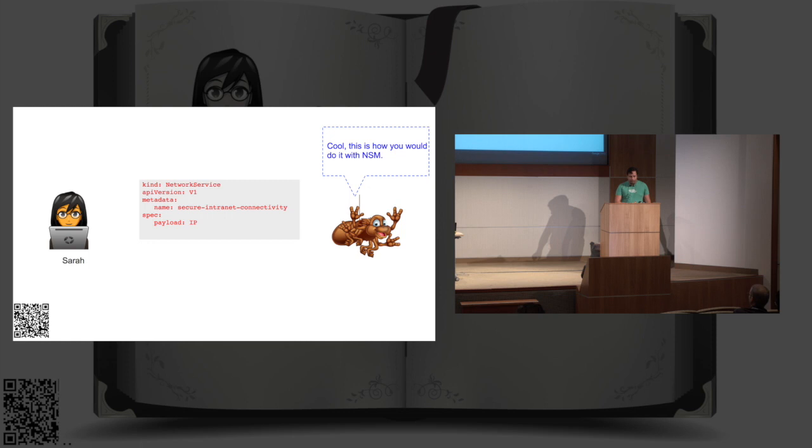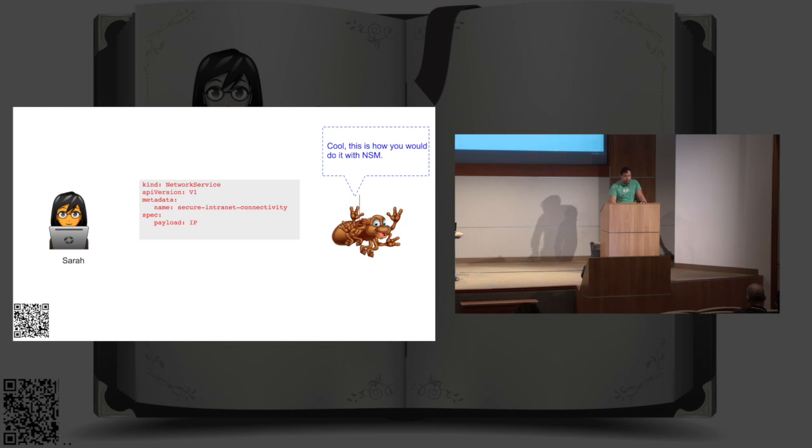So this is YAML, and I apologize, I need to work out why it's mangling my YAML. But it says, so you give it a network service. The network service, the name is Secure Internet Connectivity. And the payload is IP. So we're going to say, layer 3.